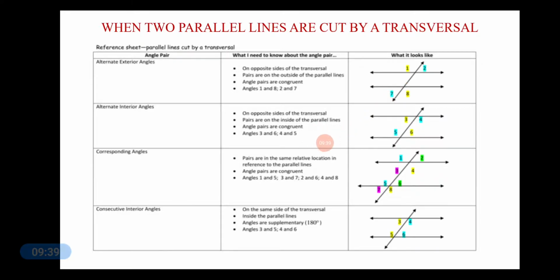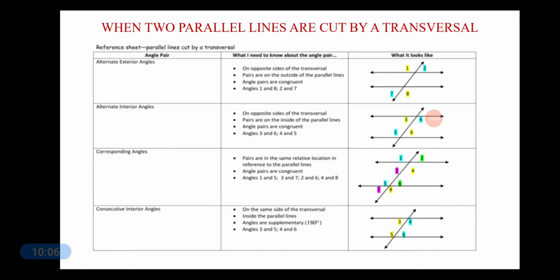Next, alternate interior angles. Now see the interior angles which are formed inside these two parallel lines. So you get angles 3, 4, 5 and 6. You can understand from this that angles 4 and 5 are alternate angles and angles 3 and 6 are alternate angles, and they are interior angles also.